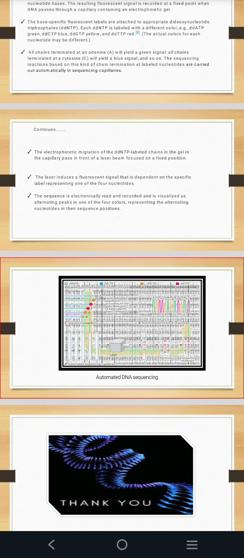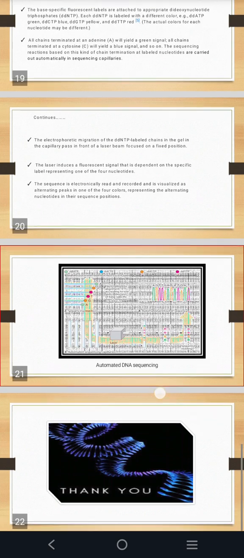Then the reactions based on this chain termination with labeled nucleotides are carried out automatically in the capillary. Then the electrophoretic migration of the dNTP-labeled chains occurs in the gel, and the capillary passes in front of a laser beam.